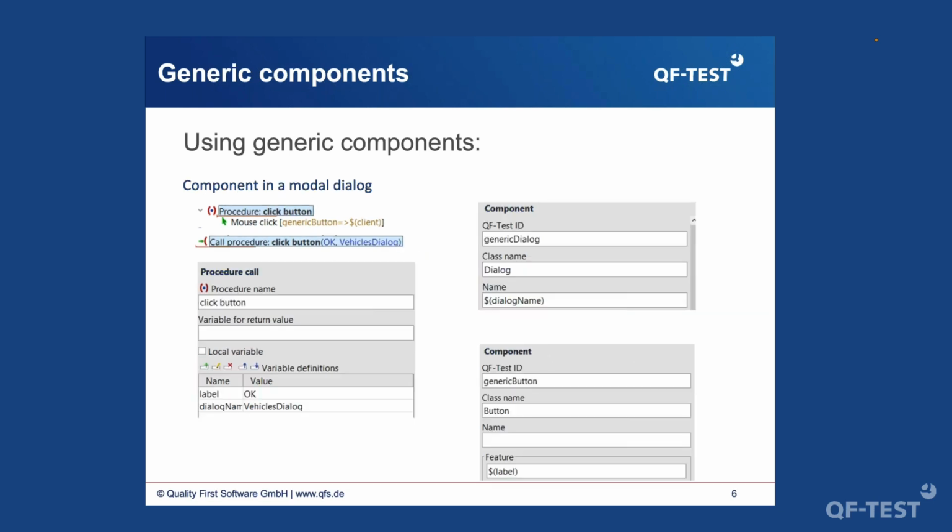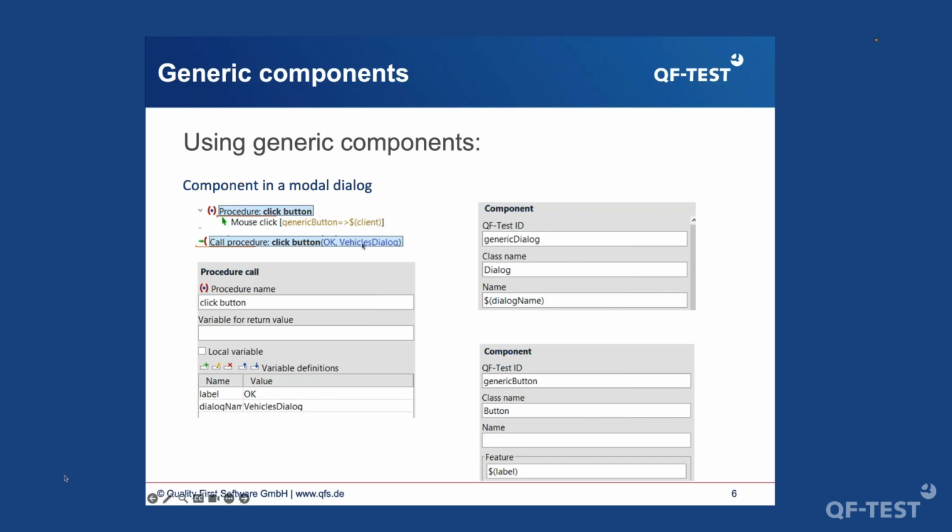And the problem of this is that, like in QFTest, all these components have some parent or some main component around them, whether it's a dialog or window or something like this. So you also need to define which topmost parent component is around it.